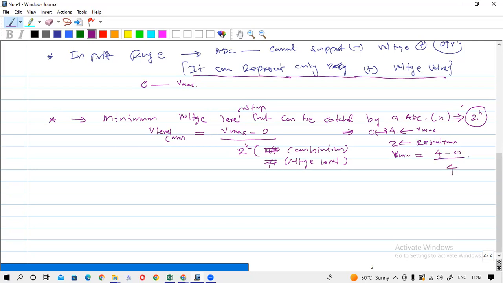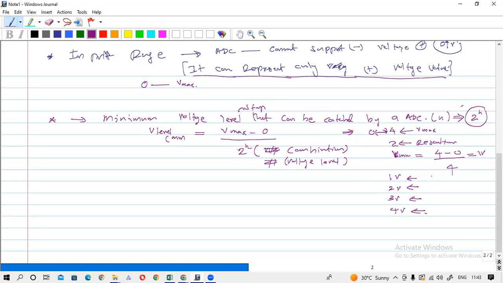4. That means the minimum voltage that can be interpreted by the ADC is 1 volt. So you can interpret 1 volt, 2 volt, 3 volt, and 4 volt. Only these 4 voltage levels you can represent.